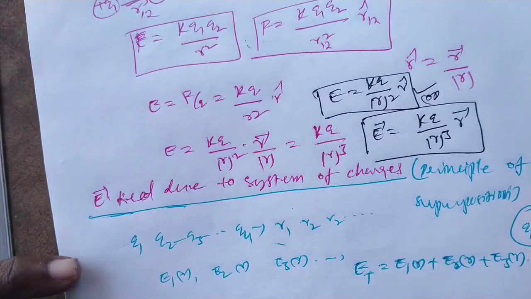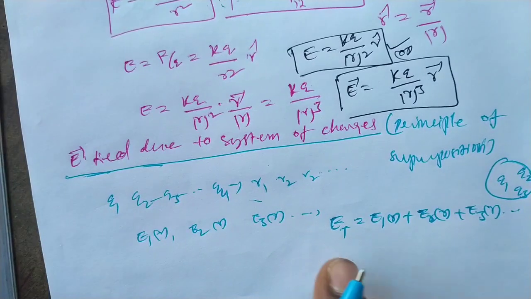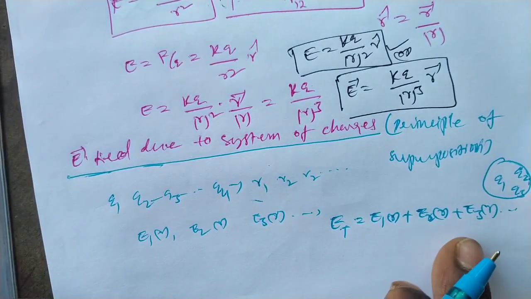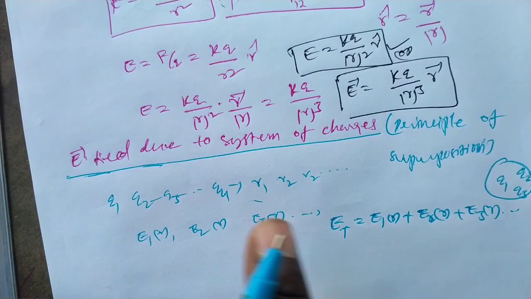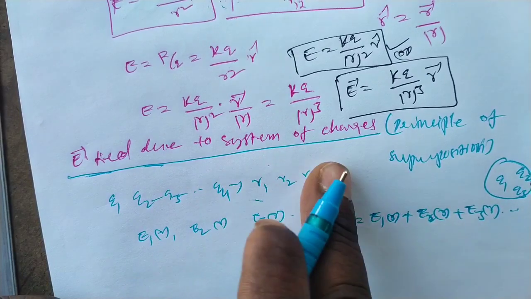In the same way as forces, the net electric field is the sum of E1R, E2R and so on. That is the principle for the electric field due to a system of charges.